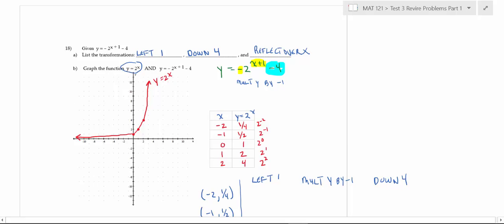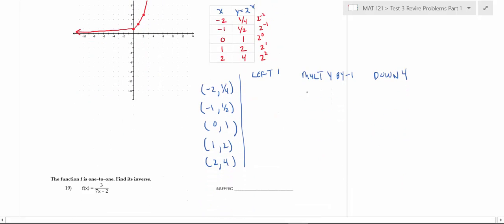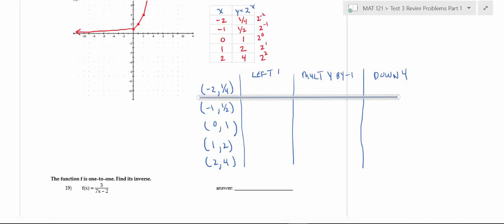So you can do this table of transformations if you want to do it this way. I don't require you to do it this way, but it is a nice way to do that. Or you can just do it in your head, or you can make a new table of values. It's really up to you. I'll show you all the different ways you can do this. So let's make up our table and go through the details one by one.